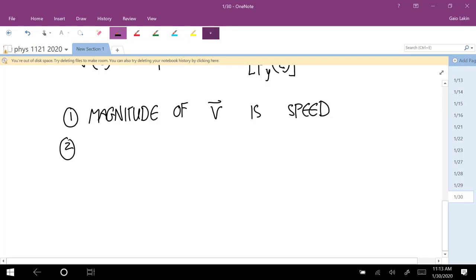And the other property a vector has is the direction. And that's the direction the object is moving at that instant.